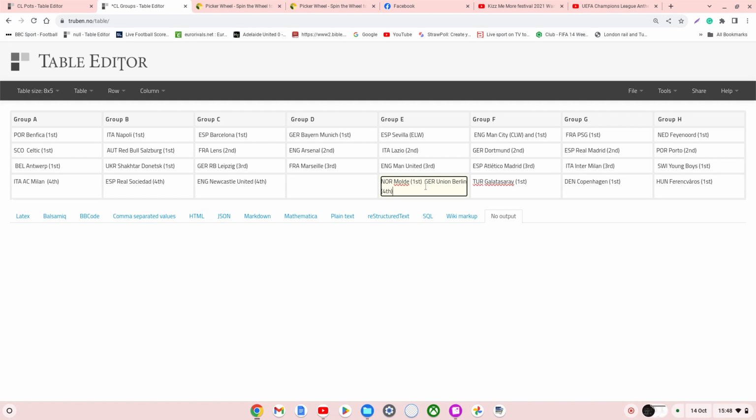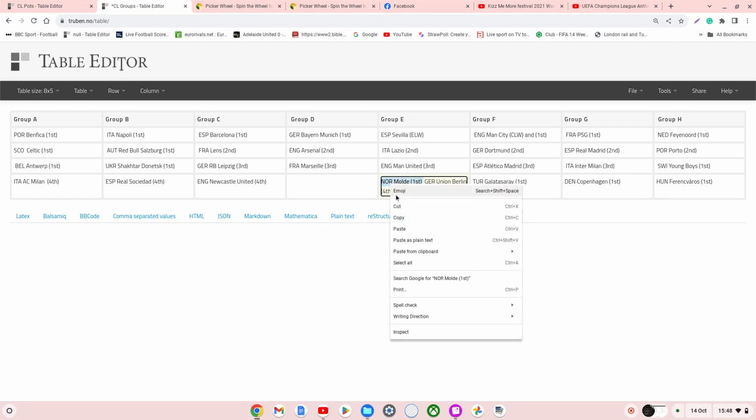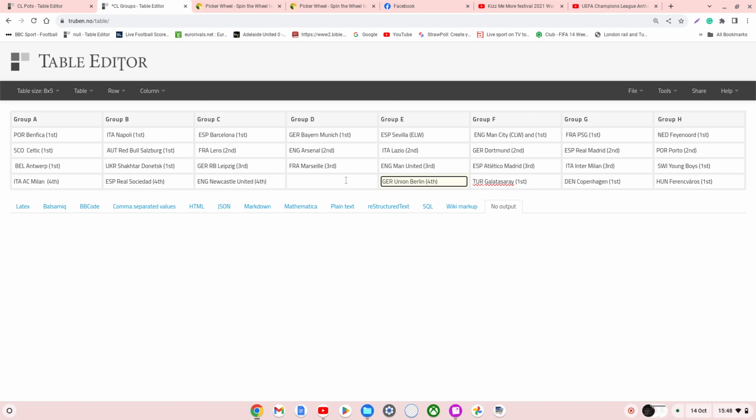Union Berlin have to be in Group E. And Molde from Norway will have to be in Group D. Union Berlin in Group E, Molde in Group D. That is how it's just going to work. Just making sure that it's correct. Yeah, it's correct.